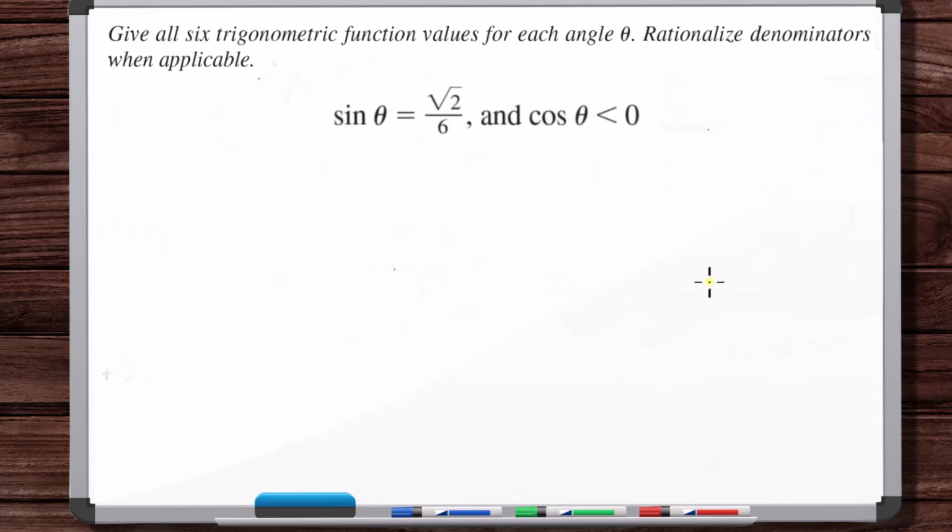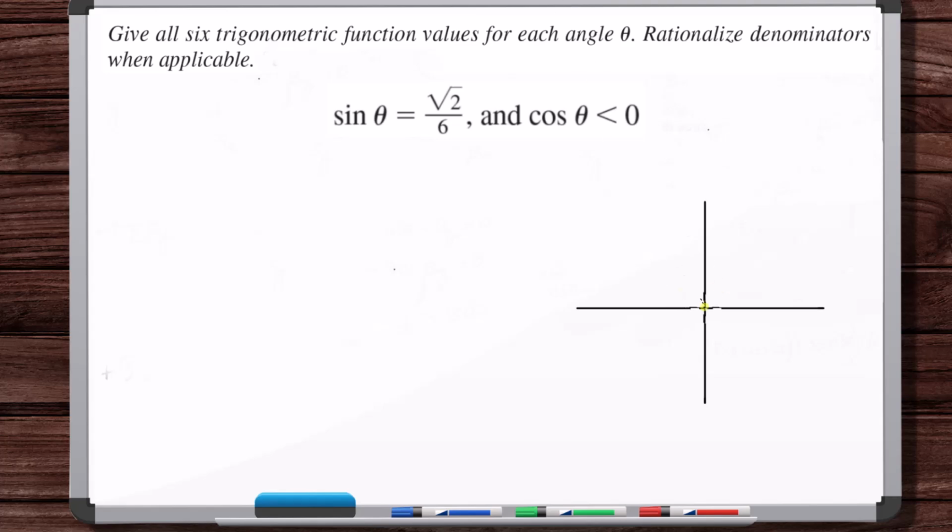Okay, so if sine theta is positive, we could use trig identities, but let's try and do this without trig identities. If sine theta is positive and cosine theta is negative, that means we're in quadrant 2, right? Opposite over hypotenuse is positive, adjacent over hypotenuse is negative.